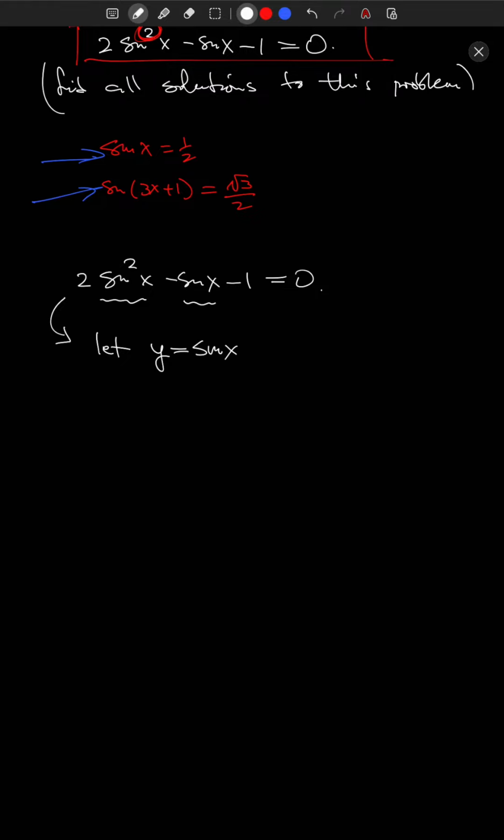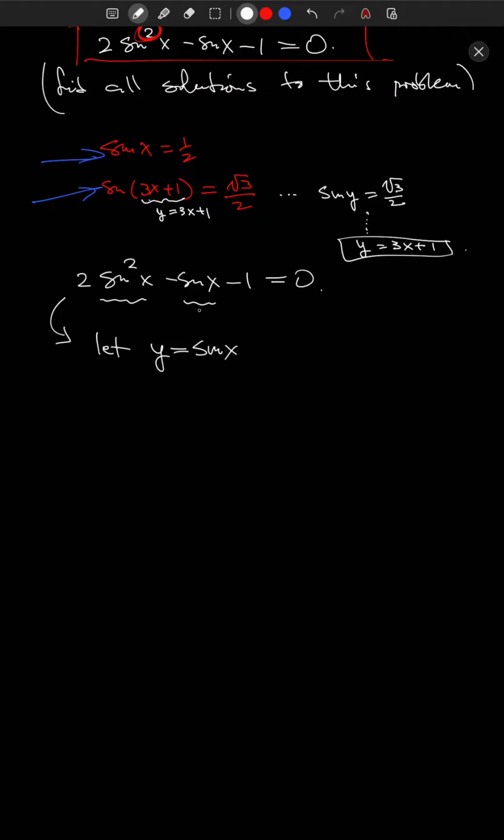This is very similar to the idea of this problem up here. Remember, the way we did this problem was we made a new variable name for 3x plus 1, so we called that y equals 3x plus 1. And that meant we only had to solve sine y equals root 3 over 2, which is an easier problem. Then at the end, we convert the y's back to the x's using y equals 3x plus 1.